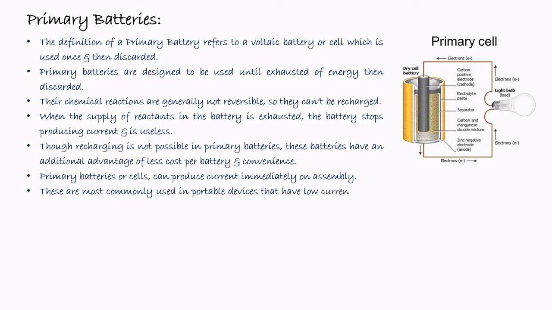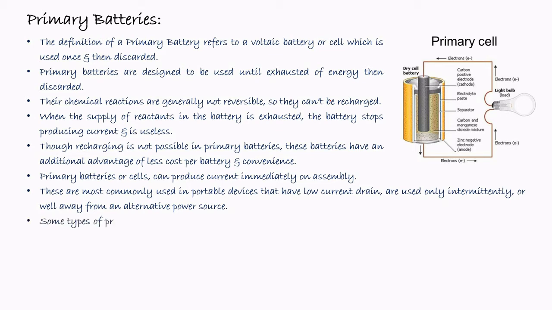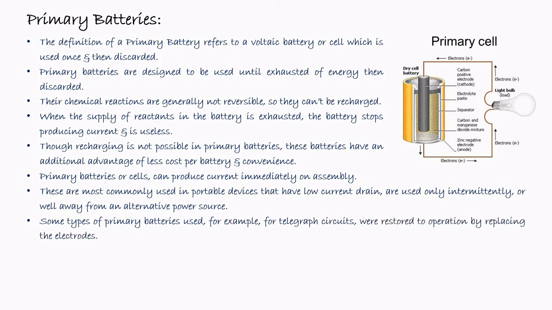These are most commonly used in portable devices that have low current drain and are used only intermittently or well away from an alternative power source. Some types of primary battery used, for example, for telegraph circuits were restored to operation by replacing the electrodes.